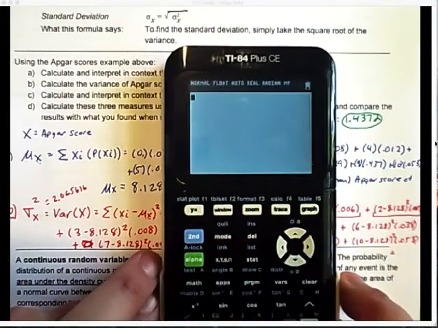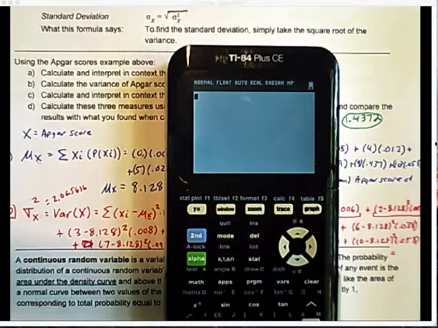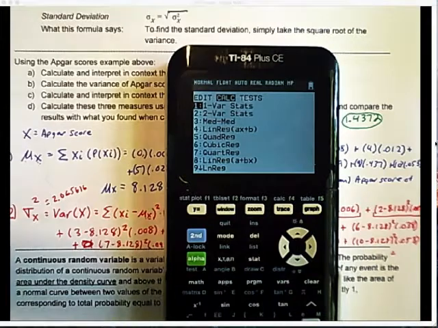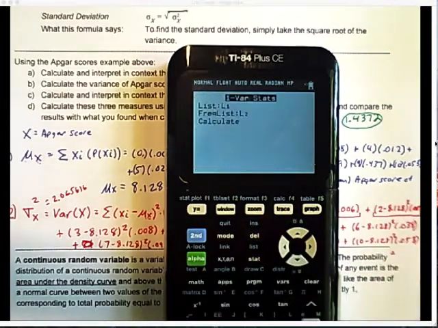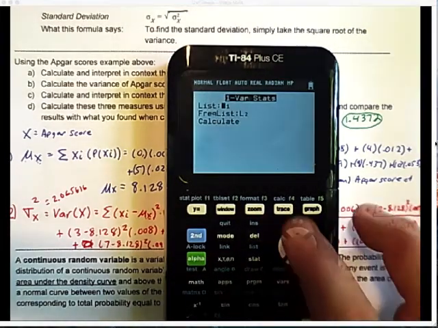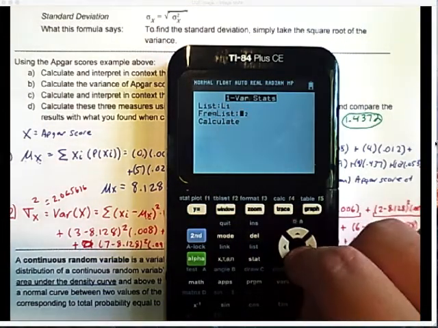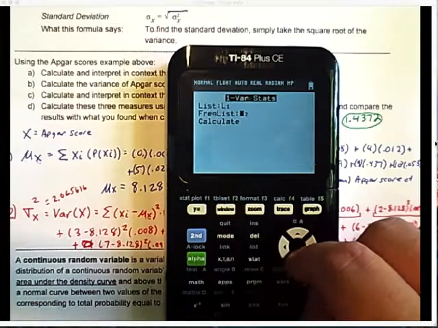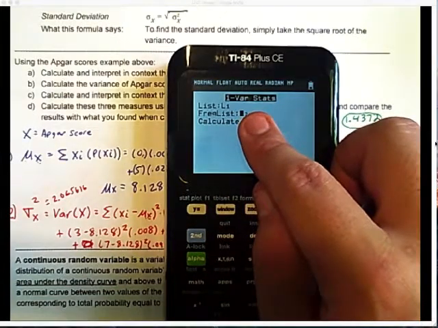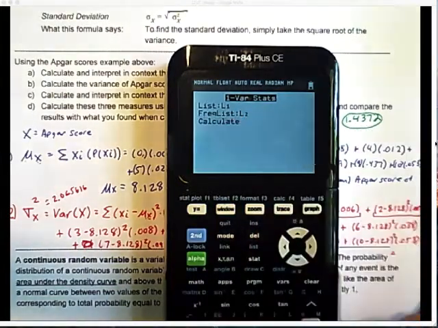Here's how you can do it very, very simply in the calculator. All you have to do is go stat, go over to calculate, and this is still one variable stats. Now your APGAR scores are your list, but you do have relative frequencies. Those are the same things as probabilities, so you put list 2 there. Okay, and then just go calculate.